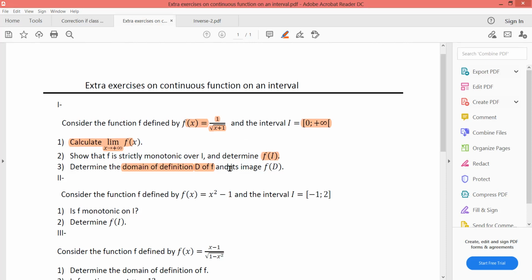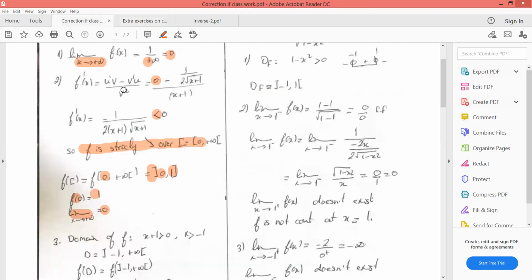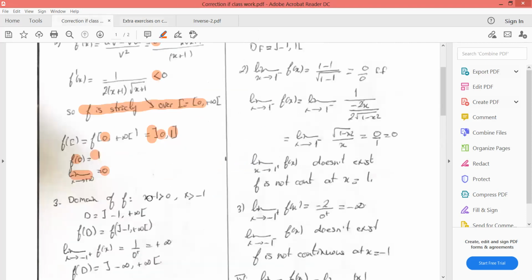What is the domain in this case? x plus 1 greater than 0, x greater than minus 1, then the domain is open bound minus 1, plus infinity.